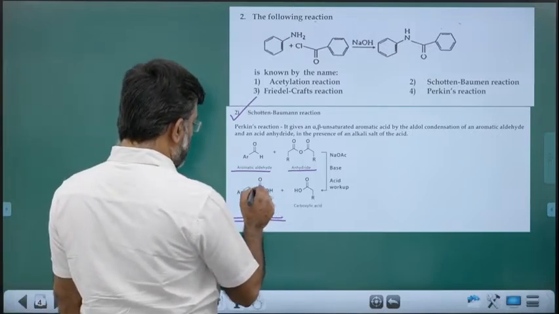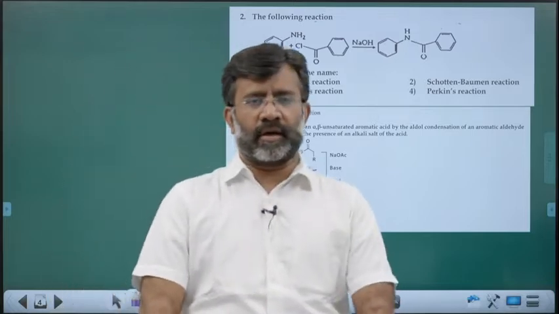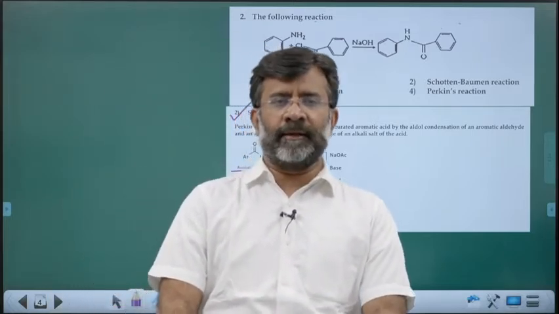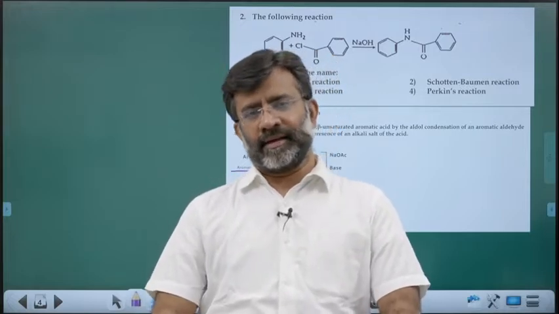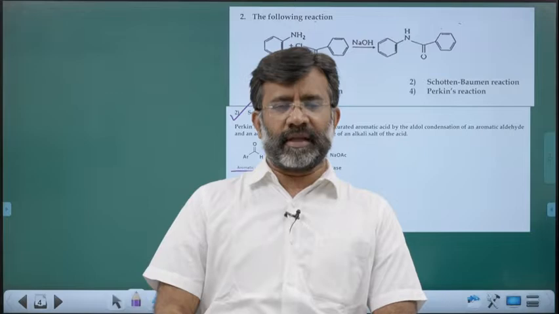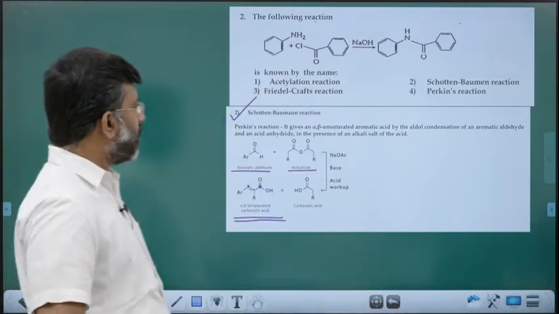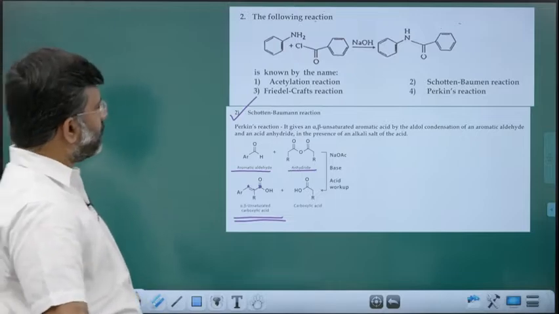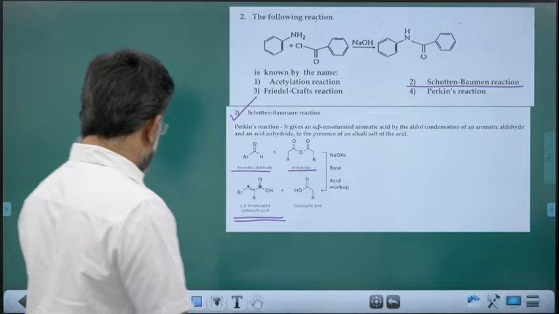This is alpha carbon and this is beta carbon. Alpha beta unsaturated carboxylic acid obtained by reacting benzaldehyde with the acid anhydrides. That is called Perkin reaction. Not in the syllabus, but you need to learn that. So the answer for this question, no doubt, it is second choice, Schotten-Baumann reaction. Next one.